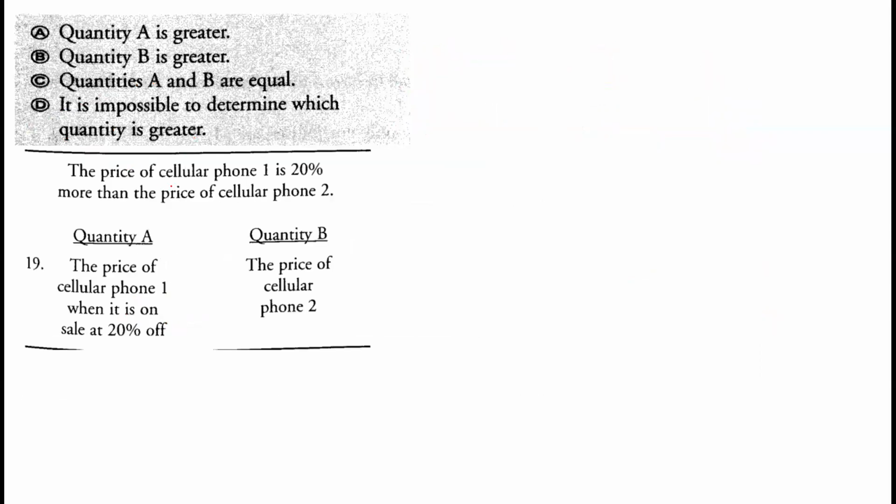Okay, so the price of cellular phone one is 20% more than the price of cellular phone two. So let's suppose cellular phone two is 100. So phone one would be selling for 120. Now the price of cellular phone one when it is on sale at 20% off.